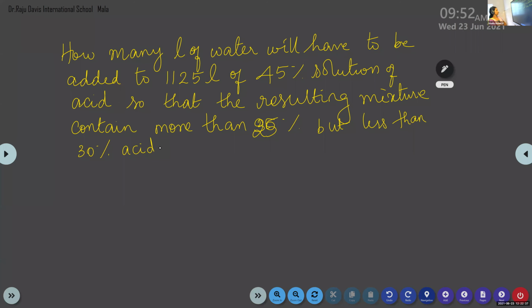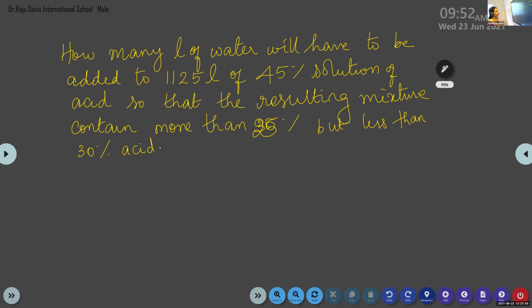How to do this? So, you all copied this question? Listen to this question, children. How many liters of water will have to be added to 1125 liters of 45% solution of acid?